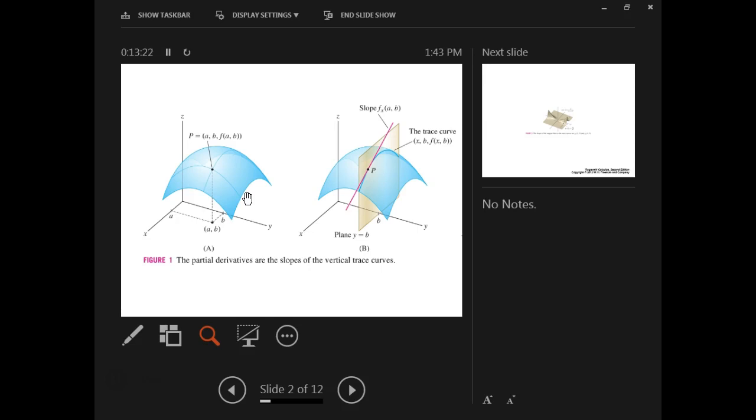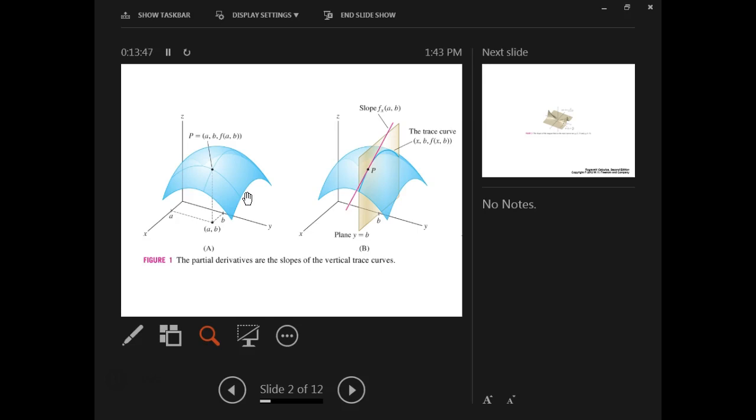If we're taking the partial of f with respect to x, we're going to take y as constant at the value b, y equal to b, and then this would be the curve at constant b.